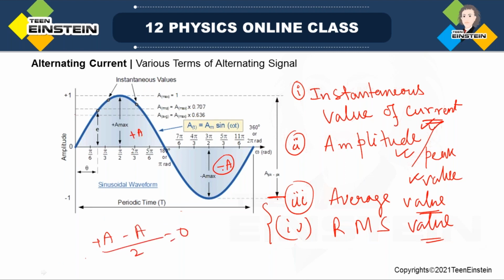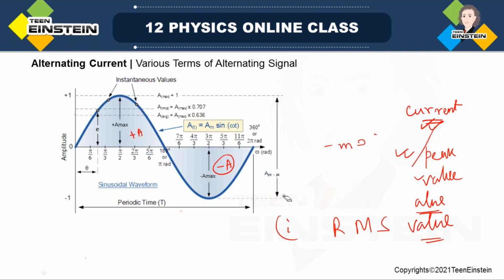So you will get 0. So we cannot take a full cycle average simply like this, because then you will get an average value of 0. That's why when we talk about the average value of any signal, we don't take the full cycle average. We generally take the half cycle average.